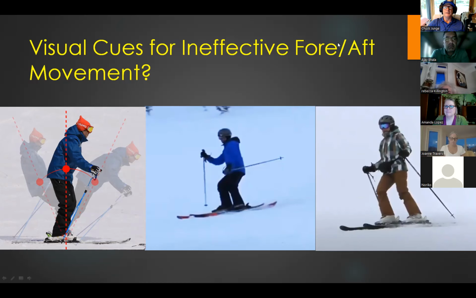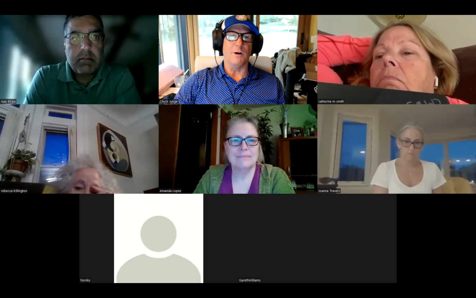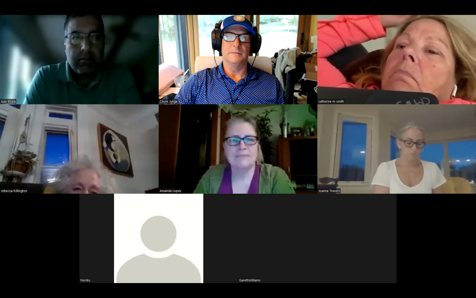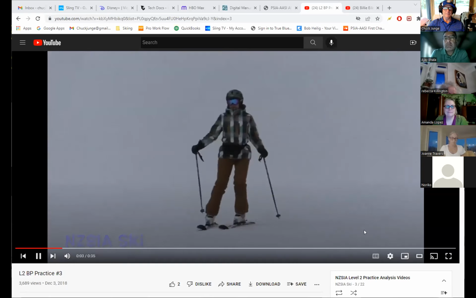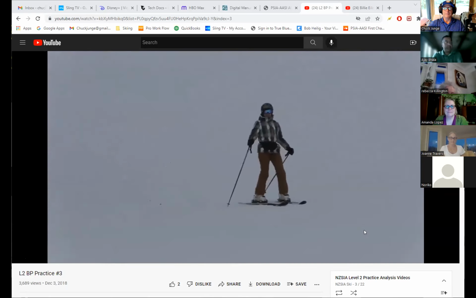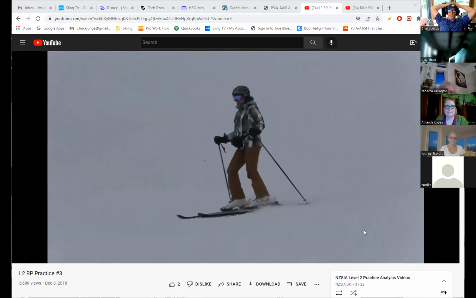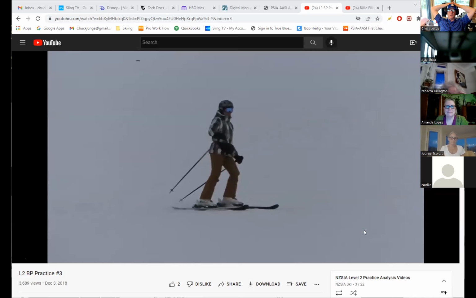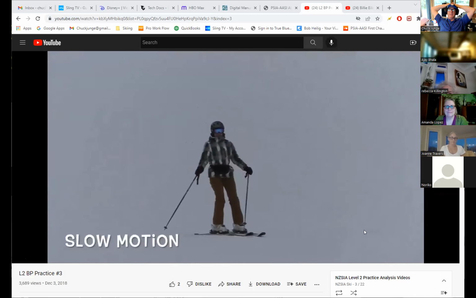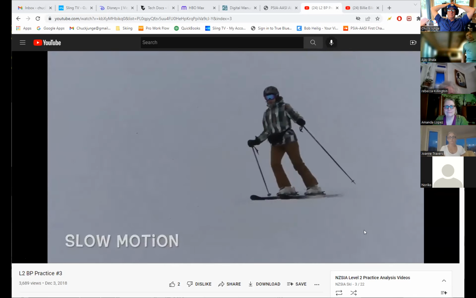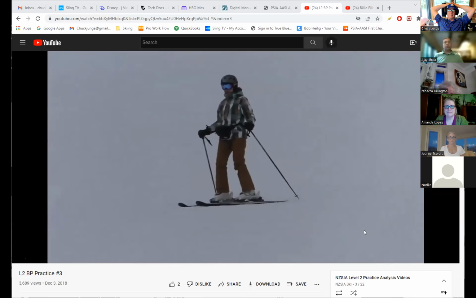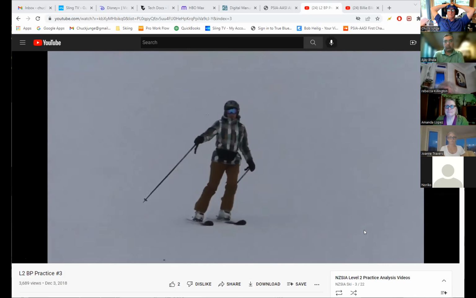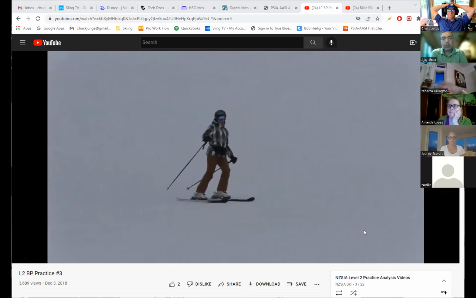So let's go back to our favorite skier. There she is again. Yay, her. So when we're talking about fore aft balance, what are some visual cues? And we're talking about ineffective or effective fore aft balance, I don't really care.